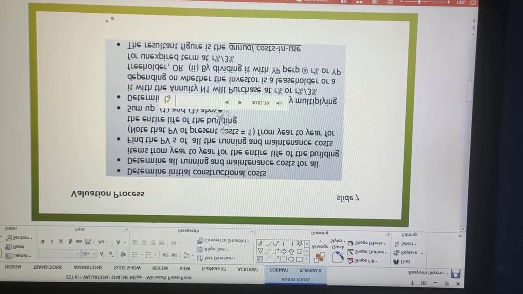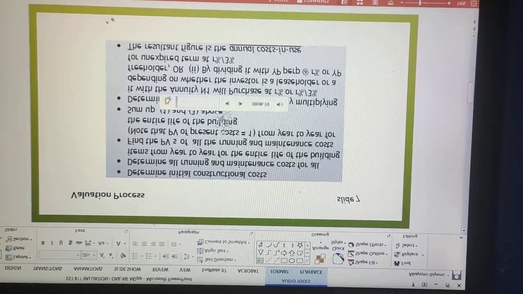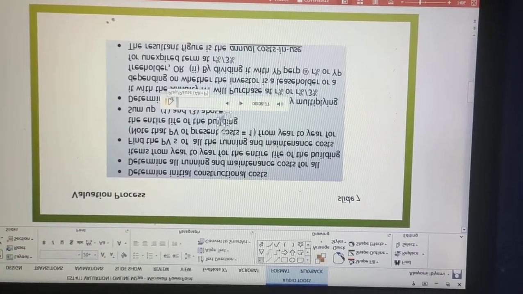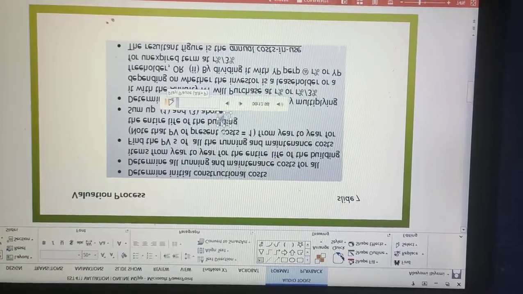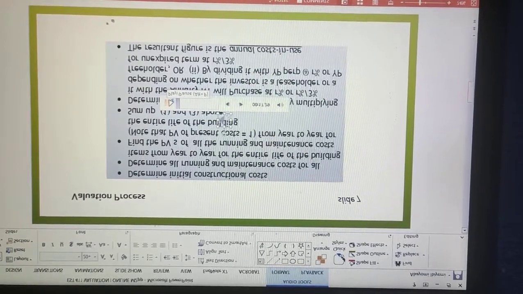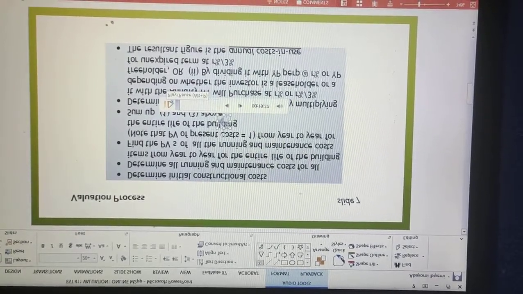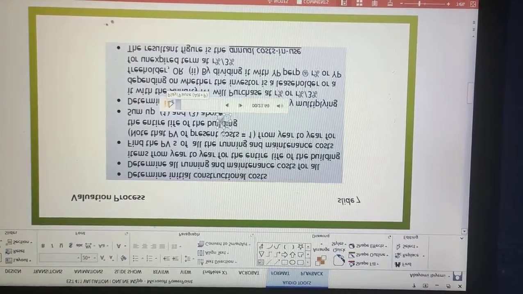Hello, this is just a simple process that can help you facilitate the valuation of cost in use. You can follow the process if you find it comfortable, convenient. First, determine the initial construction cost. Mind you, you are looking for the annual cost in use.